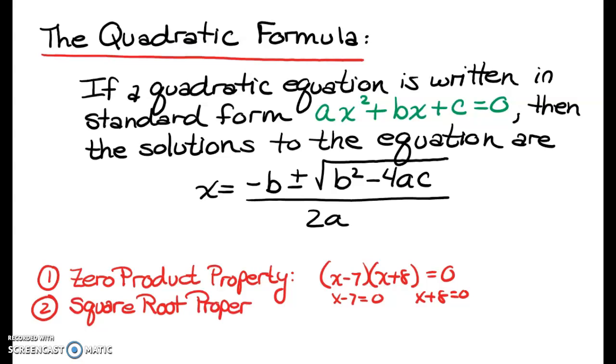I had said if you can set up the equation such that you have a perfect square that equals a number, then you can use the square root property by taking the square root of both sides. And then lastly, we talked about solving a quadratic equation by the process of completing the square.